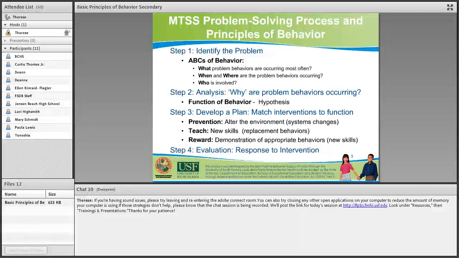Then in step 3, when you develop a plan, just like with your academics, you would be identifying the type of curriculum that you're going to use, the type of instructional techniques, and the type of assignments that the student would work on. When you develop a plan for behavior, you would look at what would you do to prevent the problem behavior, what you need to teach so the student doesn't need to engage in that problem behavior, and how would you reward the student so that those appropriate behaviors are more likely to occur in the future.